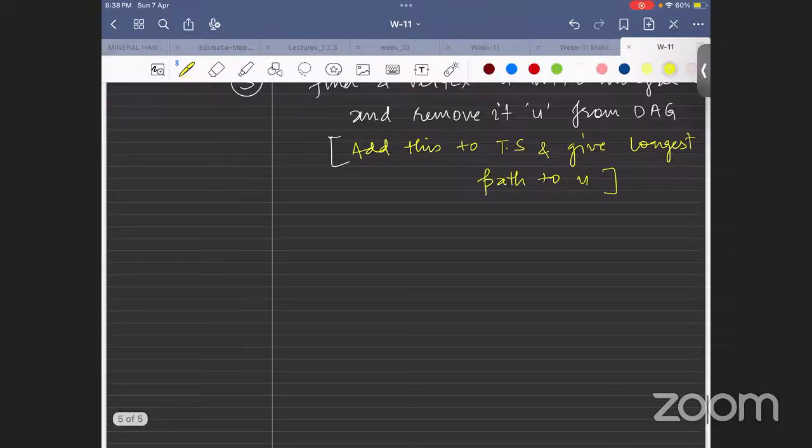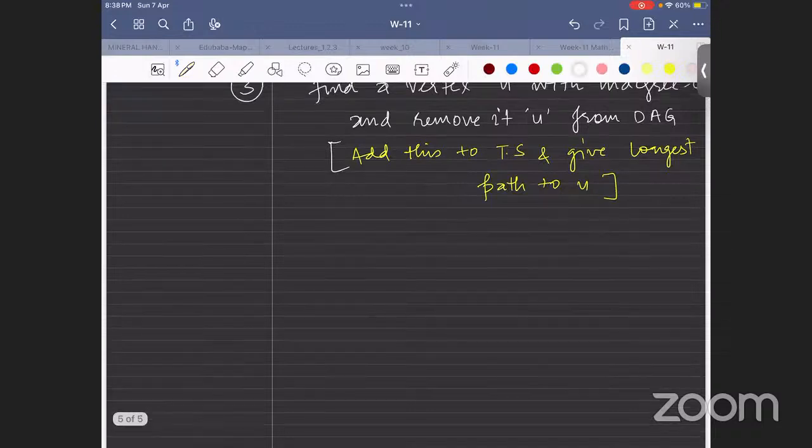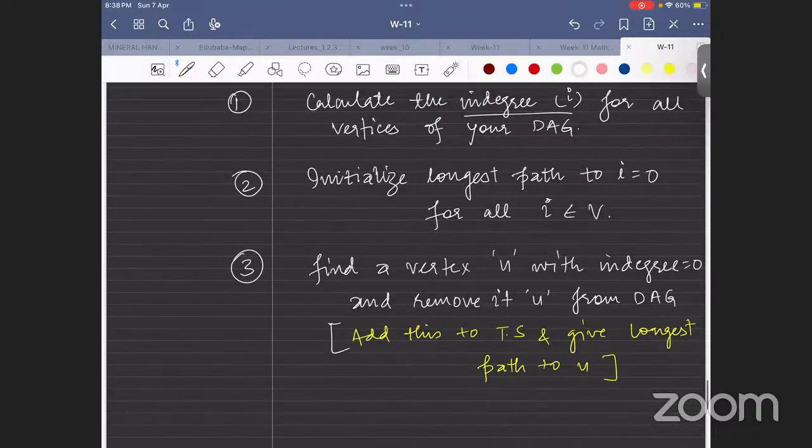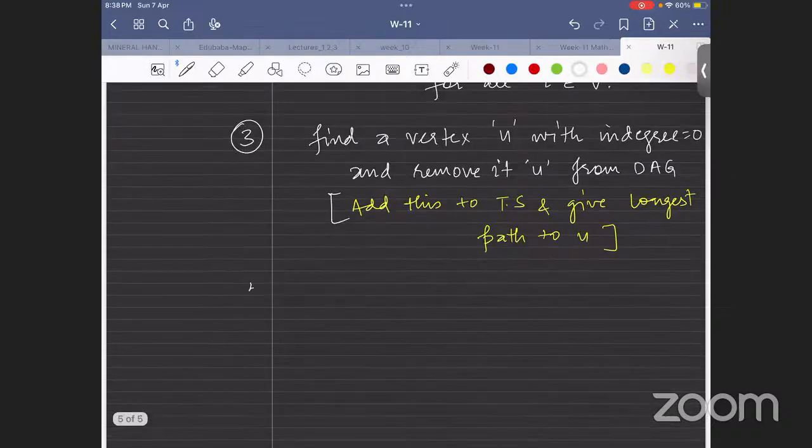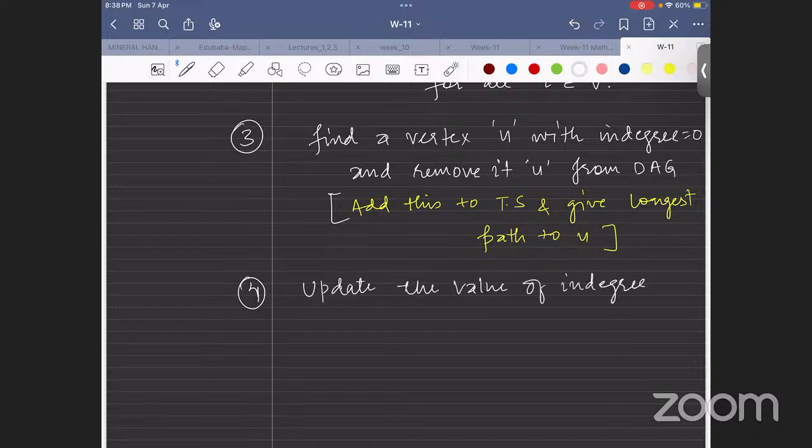Now the third step is what? So we have done it. All these three, not the second one, but the first and the third, were already there in the topological sorting also. Now the fourth step is to update the value. That was also there in the topological sorting. So you just update the values of in degree for all the remaining vertices that you are having.